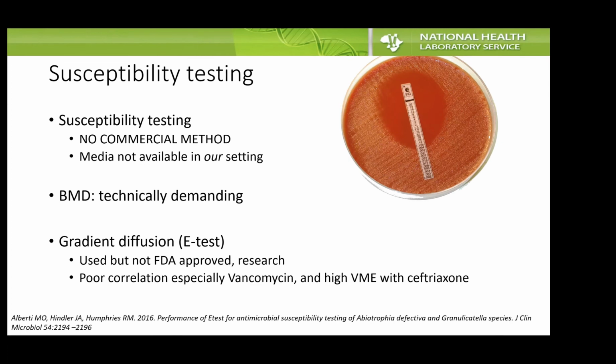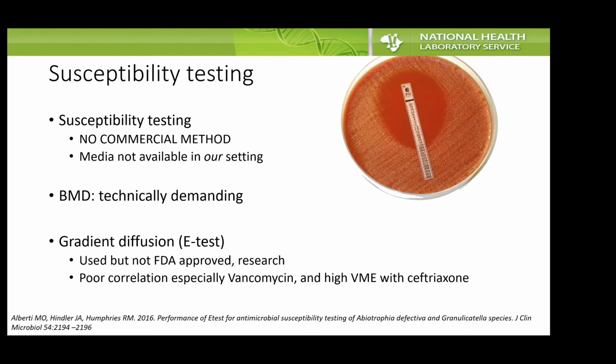And with this, when comparing e-tests to broth, we already know that vancomycin has issues with diffusion in the agar, being a large molecule, and there was poor correlation with vancomycin e-tests and broth, and also very high major error rates with ceftriaxone.